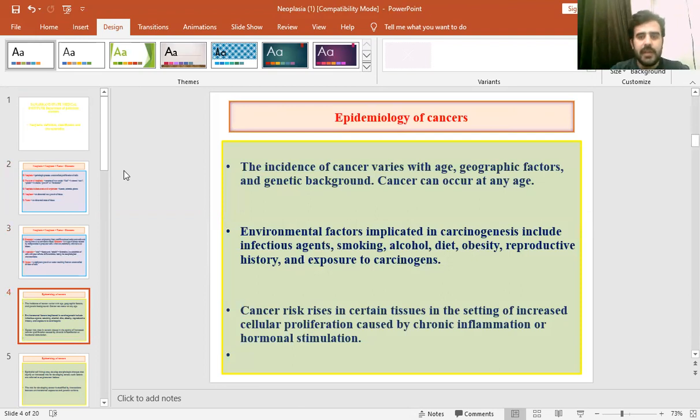Epidemiology of cancers. The incidence of cancer varies with age, geographic factors, and genetic background. It can occur at any age.